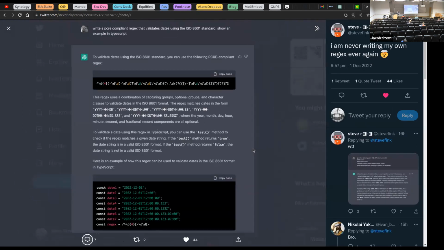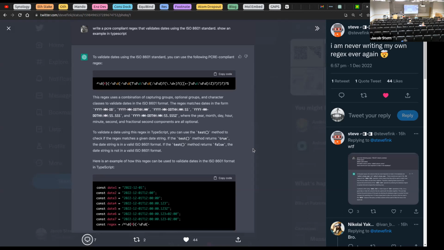Okay, so first one. This is the ChatGPT interface, and you interact with it like a chat bot. So you speak to it and it speaks back. This user said, write a PCRE compliant regex that validates dates using the ISO 8601 standard. Show an example in TypeScript.